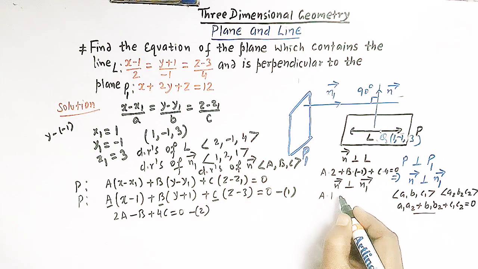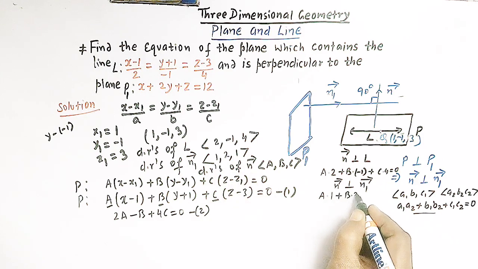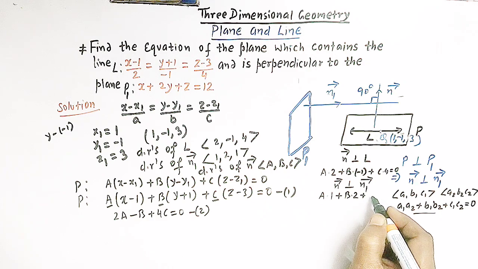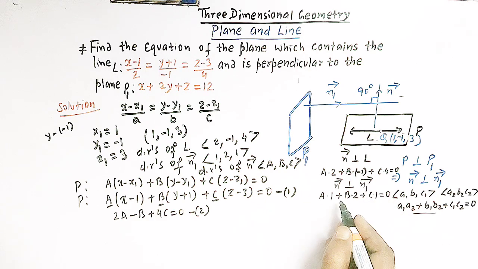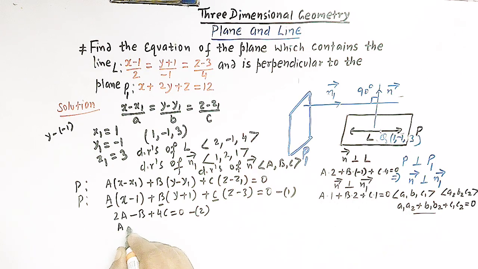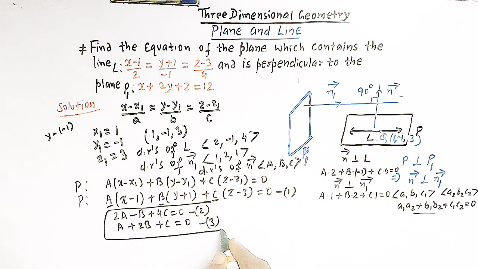So we have A times 1, then B times 2, then C times 1 is equal to 0, right? So again we have another equation in three variables, that is A plus 2B plus C is equal to 0, right? So now we have these two equations, and we have to solve them.